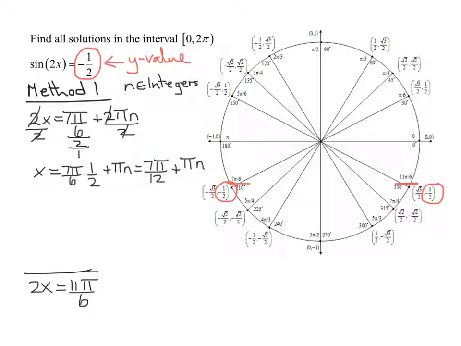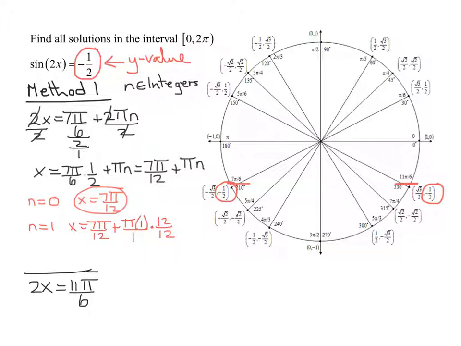So now we know what x is. All you have to do is put in different values for n. If I put in n equals 0, hopefully you can see you're going to get x is just 7 pi over 12. There's my first solution, because this part goes away. When I put in n equals 1, I get x is 7 pi over 12 plus pi times 1. And now, since I'm adding a whole number and a fraction, I'm going to turn the second one into 12ths by multiplying by 12 over 12.